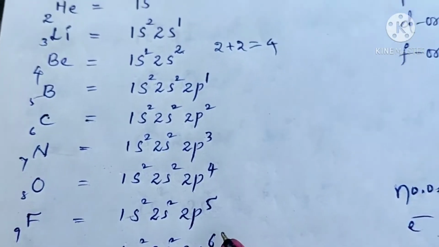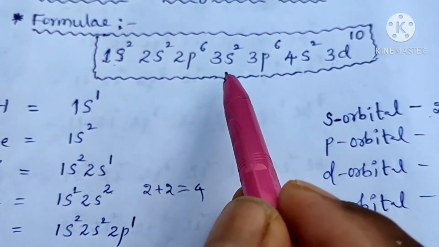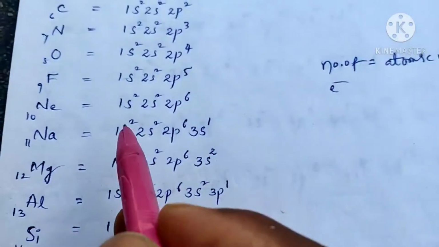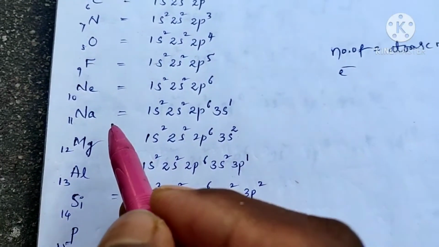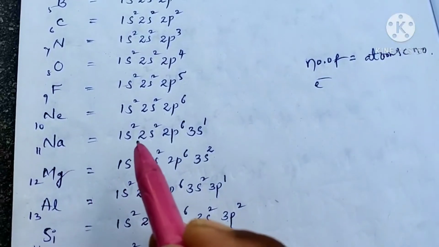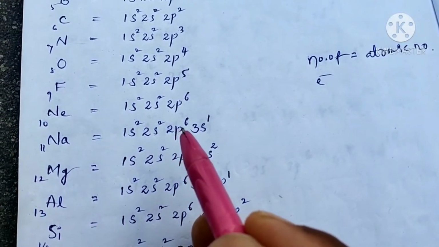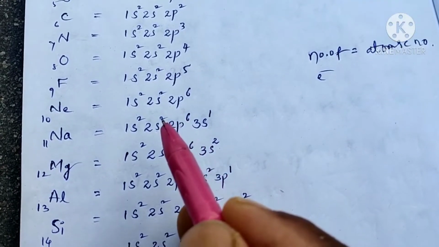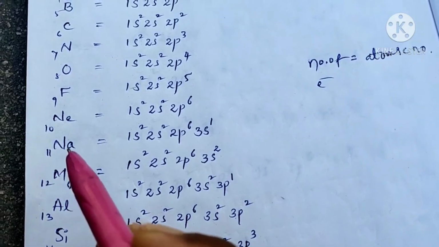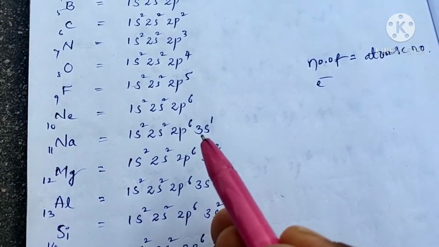So the next coming electron will enter into the 3s orbital. What is the next element with 11 electrons? That is sodium. So 1s2 2s2 2p6. How many does it become? 6 plus 2 is 8, 8 plus 2 is 10, but we have 11, one more extra, so another will enter into the next 3s orbital.